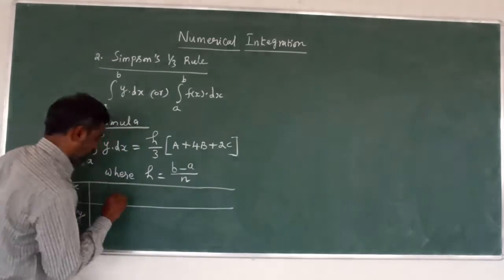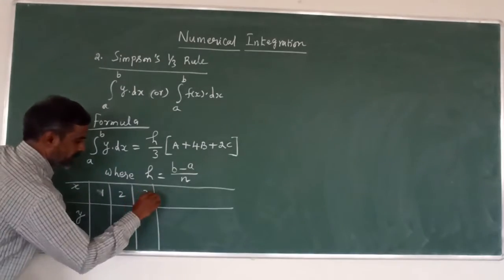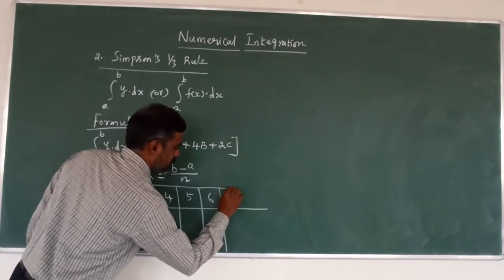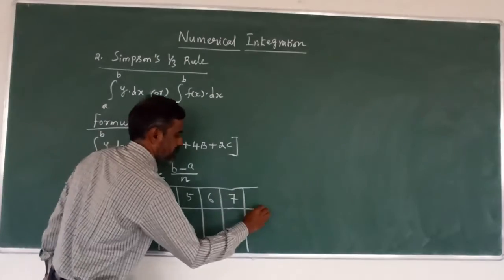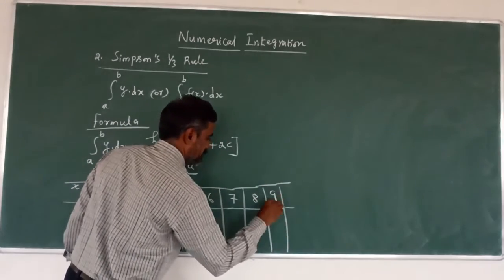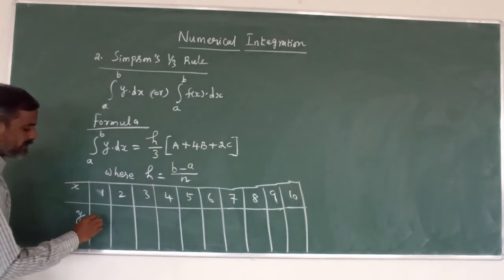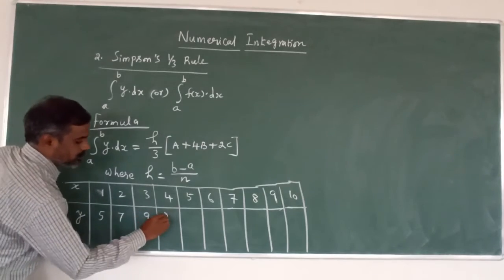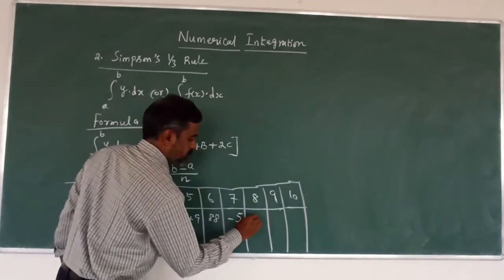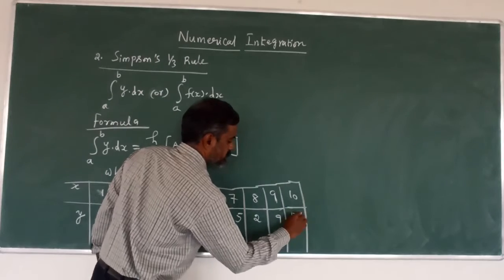The x values are 1, 2, 3, 4, 5, 6, 7, 8, 9 and 10, and the corresponding y values are 5, 7, 9, 27, 49, 88, minus 5, 2, 9, 57.